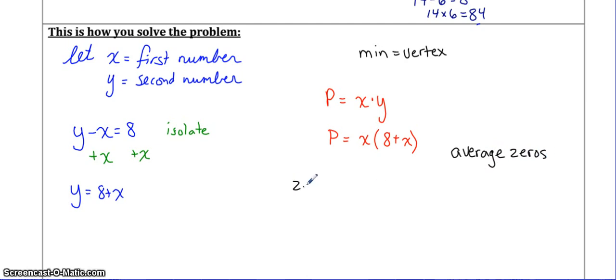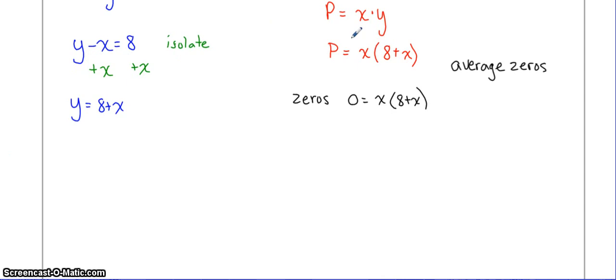So to find the zeros, we let the product be 0. So your first factor is x. So that means x is equal to 0. Your second factor is 8 plus x.